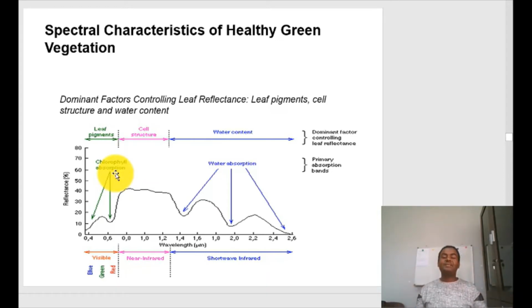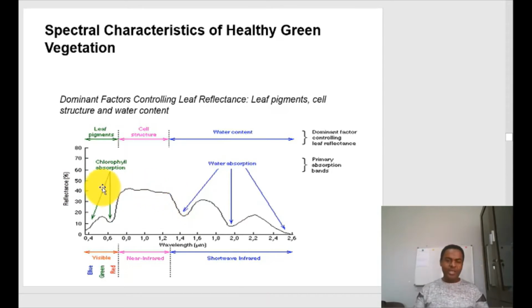What is the reflectance amount at different wavelength regions? So a spectral signature is a curve that shows you wavelength region versus reflectance. Okay? The maximum reflectance that you see is not more than 40% or 50%.